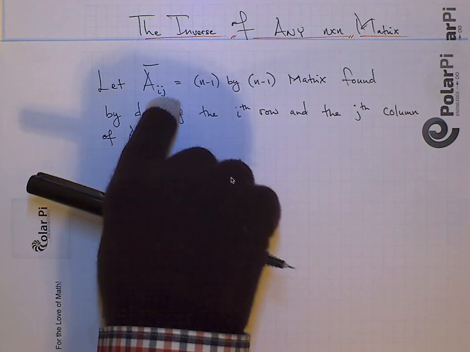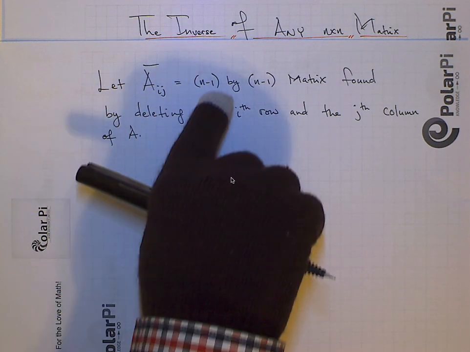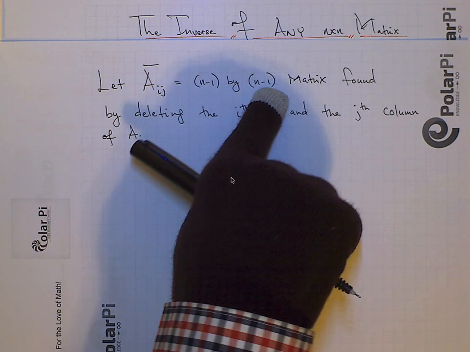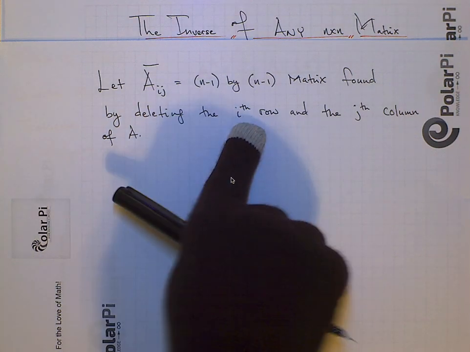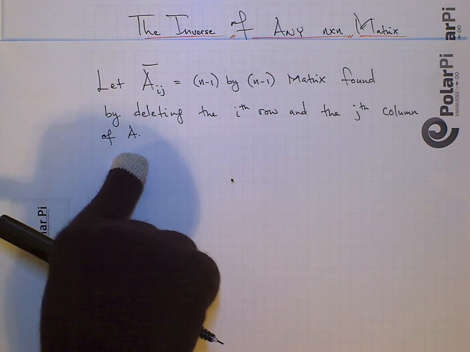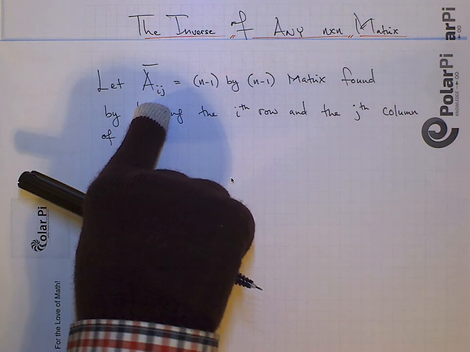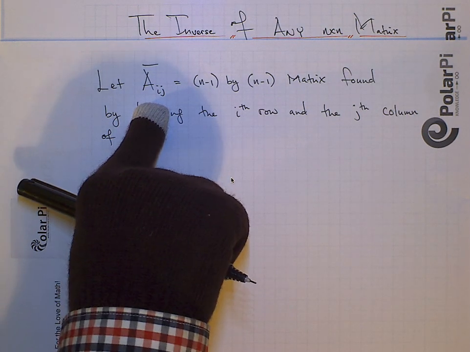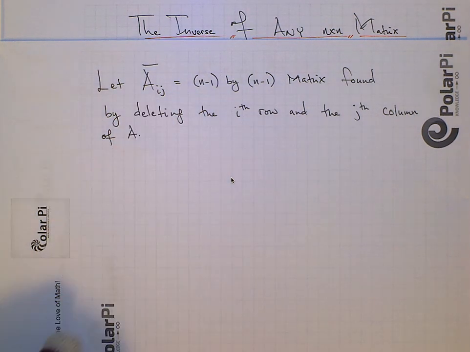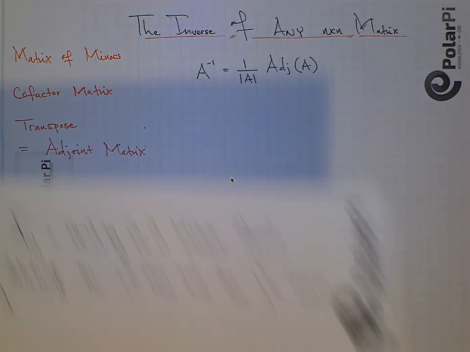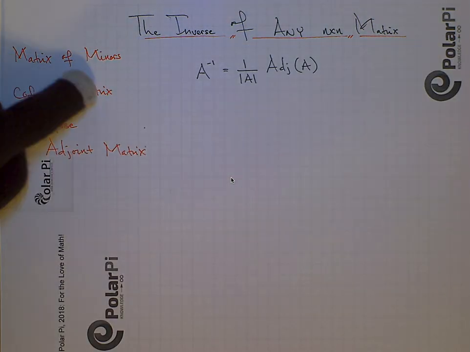So Aij bar is a matrix that's n minus 1 by n minus 1 that's found by deleting the ith row and the jth column of the matrix A. And this Aij bar played a prominent role when we calculated determinants, and it plays a prominent role in defining the matrix of minors.